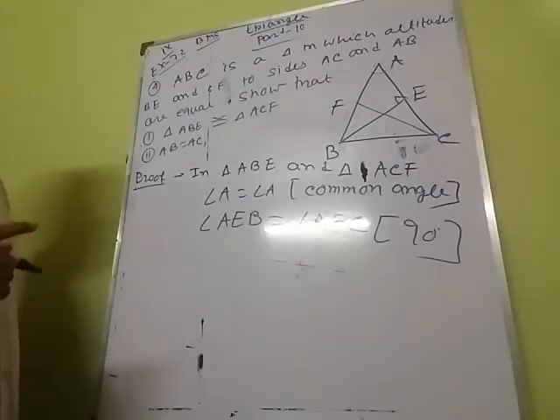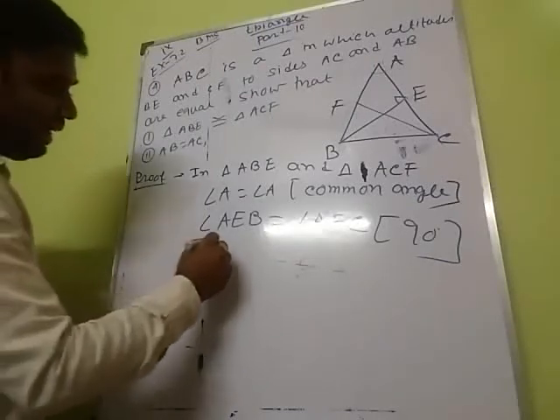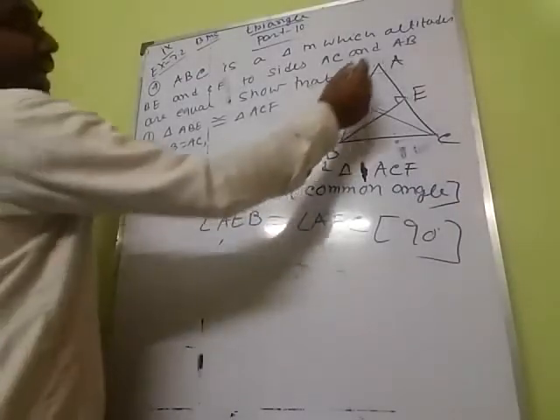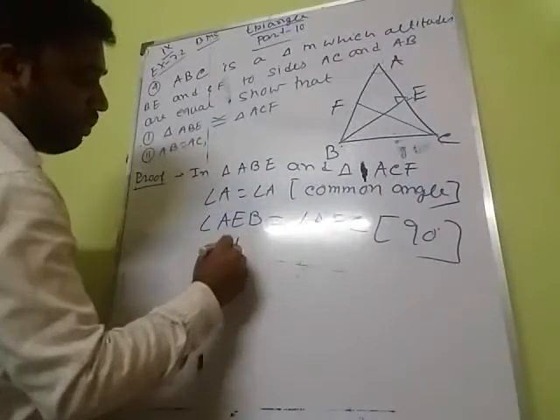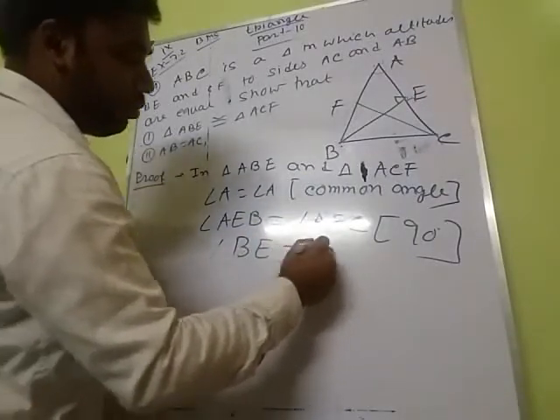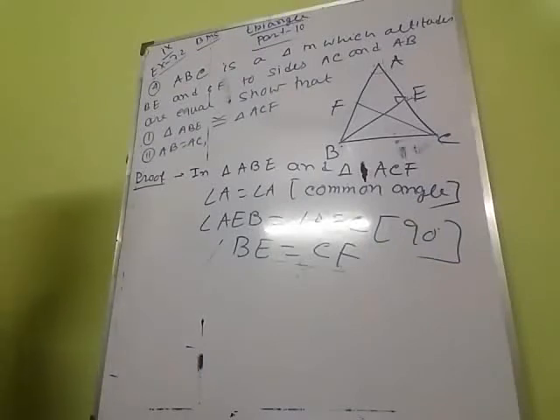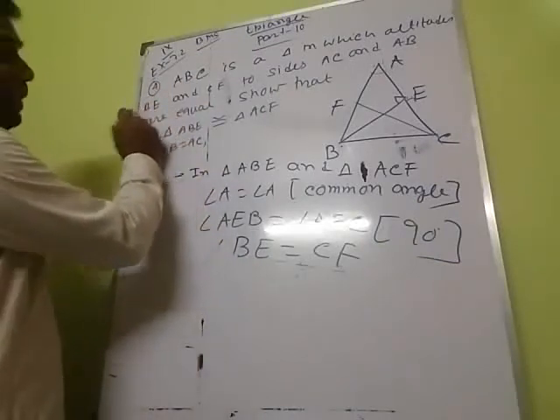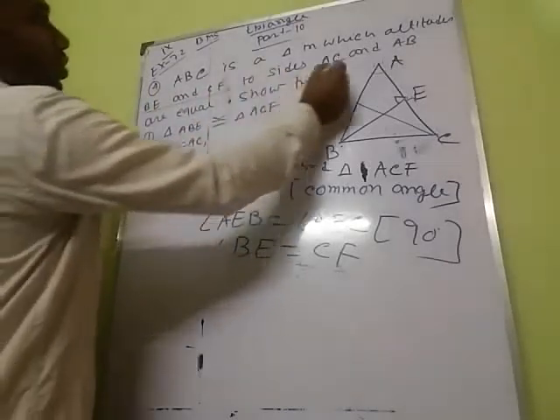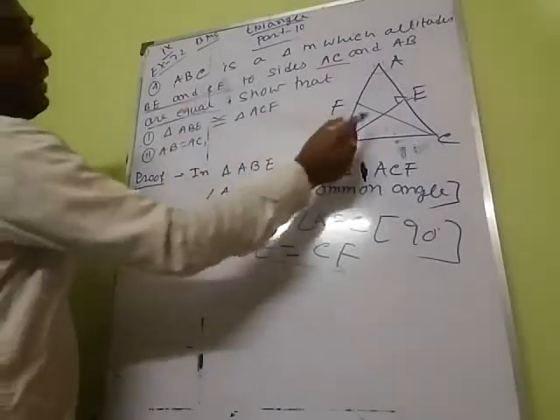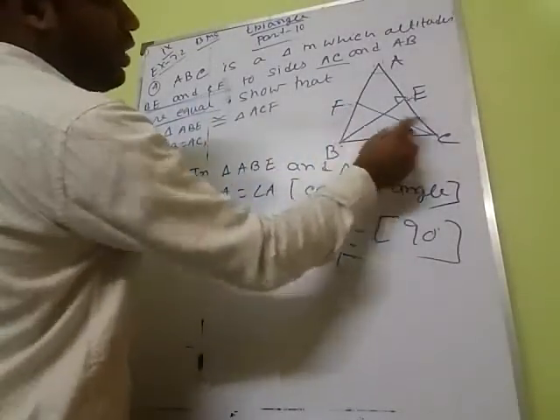The other thing: BE equals CF. Why are they equal? Because they are altitudes, and in the sum it is given that BE and CF on sides AB and AC are equal. The lengths of these two altitudes are equal.